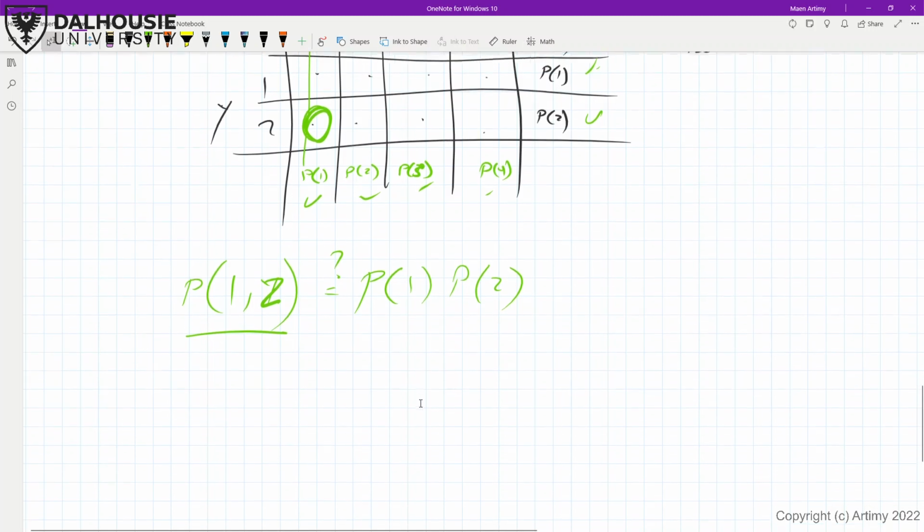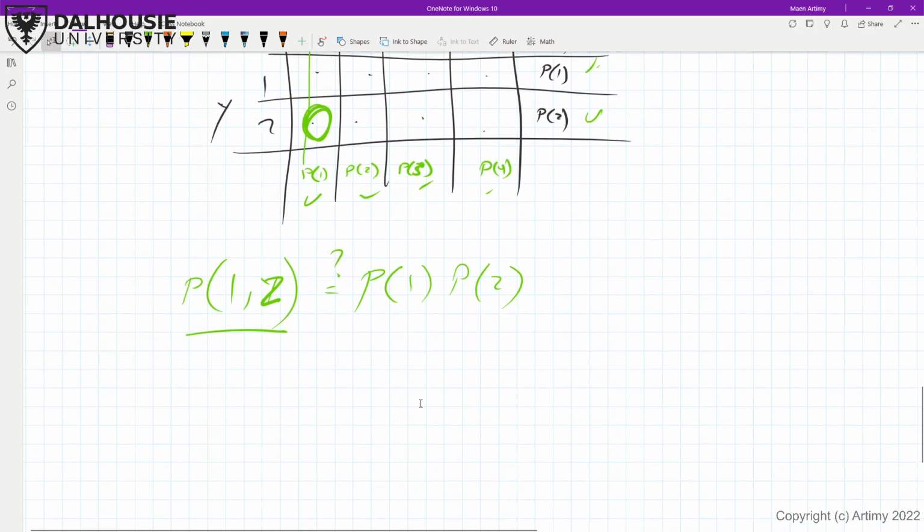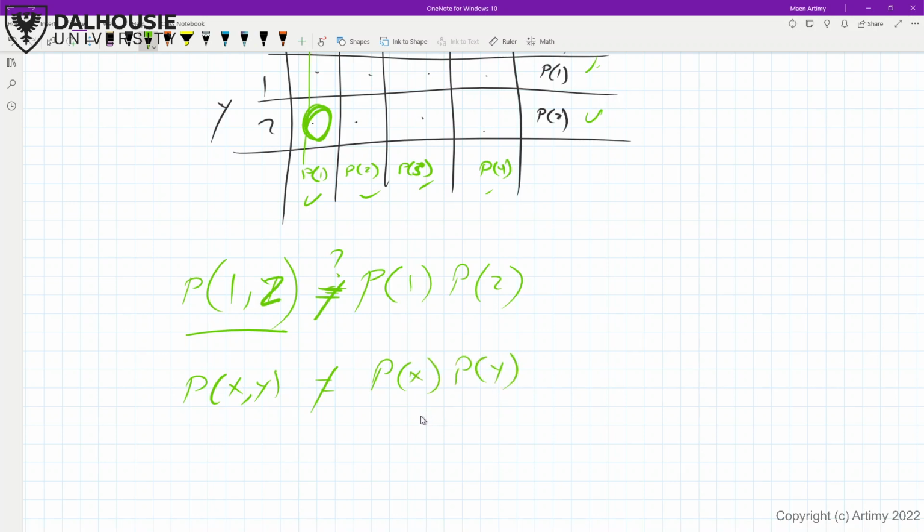But to prove dependence, I have to find only one value in which these two are not equal. So if I find that P(x,y) does not equal P_X times P_Y, if I find just one case where these two are not equal, I prove dependence.